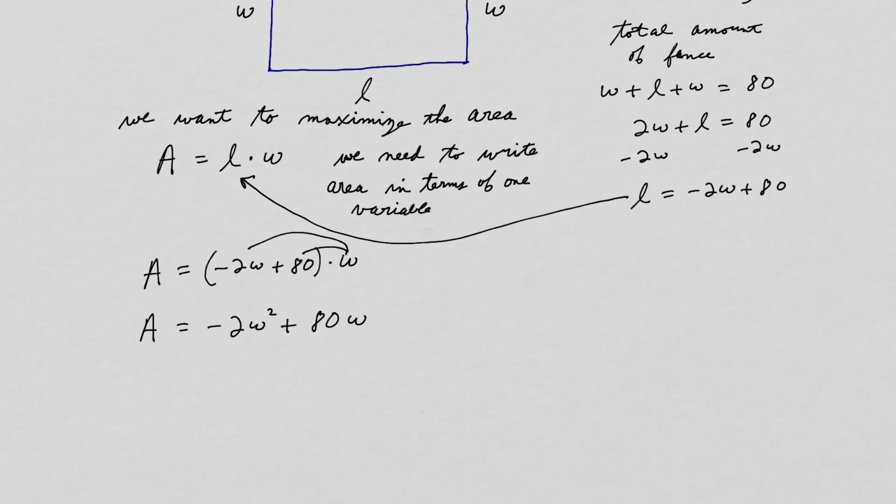I basically have a quadratic function where A is a function of W, of the width. Okay? You could actually even plot this. Let's find out some more about this before we plot it, but I will plot this to show you how this all makes sense. Okay, so now area is just in terms of W, and it's a quadratic function.